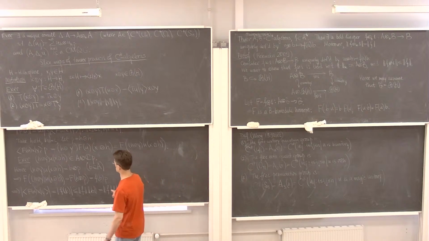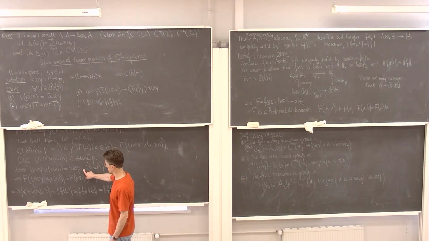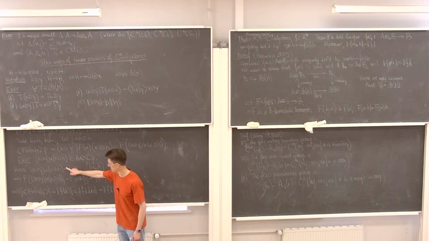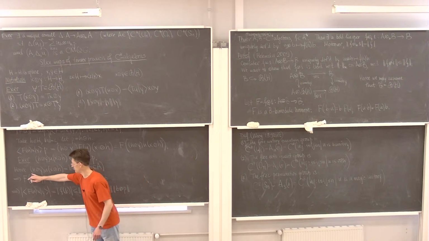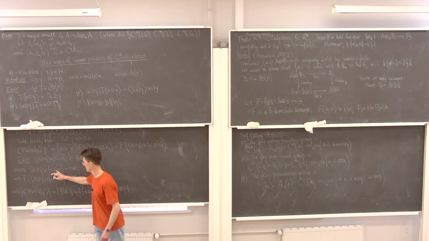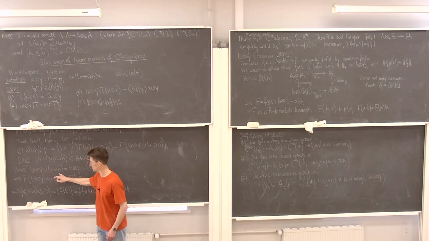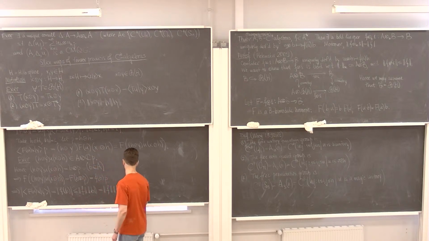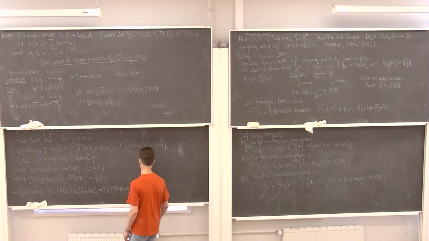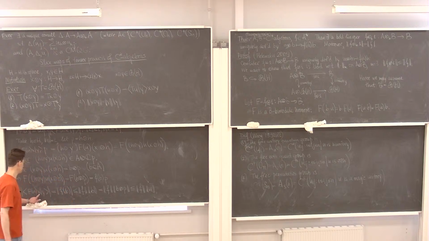And the norm of b tensor P, let's now look here and observe that the norm of this is less than or equal to the norm of u. The norms of these operators are less than or equal to 1. So this is less than or equal to the norm of f times the norm of u. And this is exactly what we wanted to prove. So this is true for every x and every y.